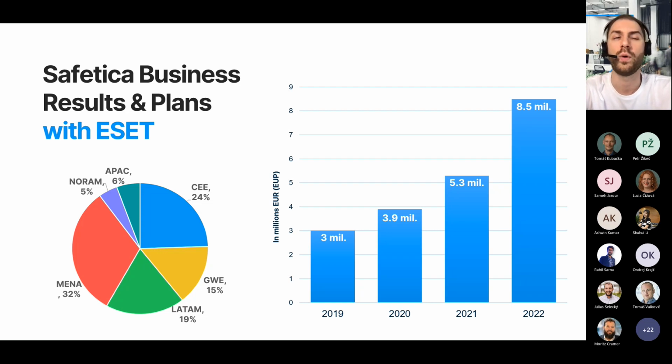Then we have almost 20% from Latin America, 15% from Great Western Europe, and for now only 5% from North America and 6% from APAC. So as you can see, there is definitely an opportunity to grow the size of the slices and to grow the business in the other regions, especially in the Western countries.